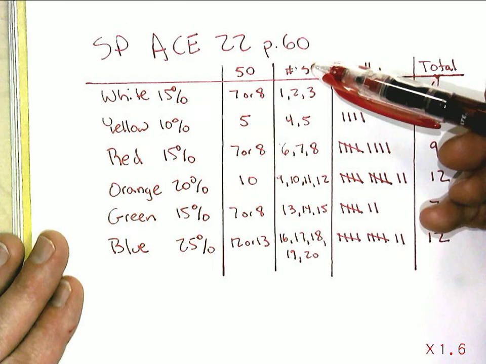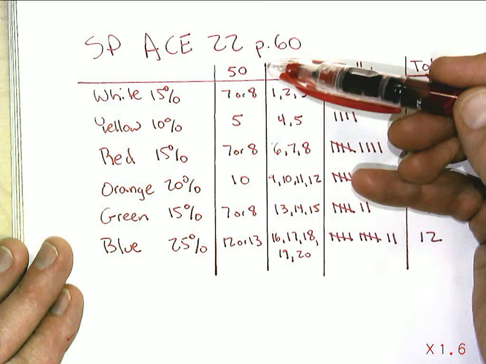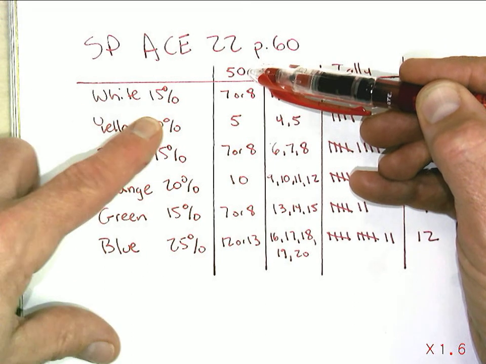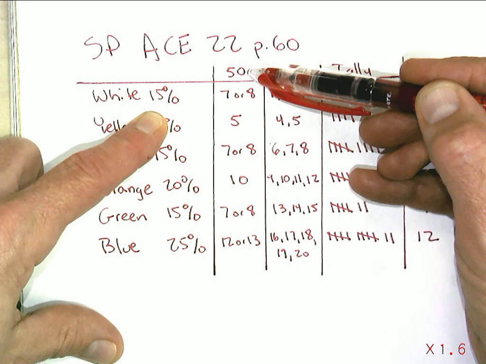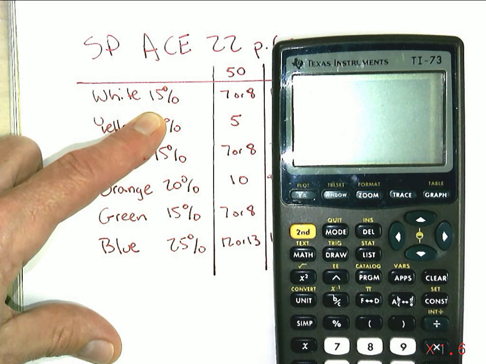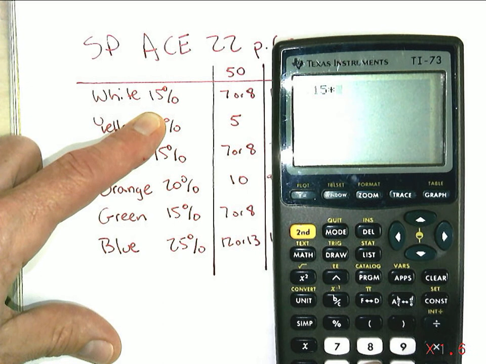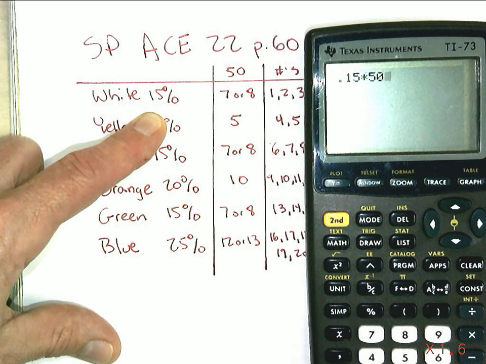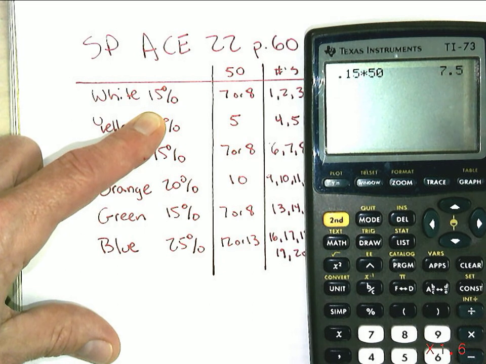I'm going to show you the first column of my table that I made for this problem. If we had 50 in the little box and I would expect 15% of them to be white, I took 15% of 50, or 0.15 times 50, and that's 7.5.